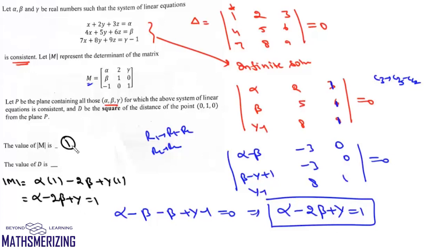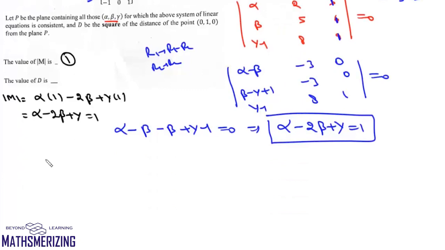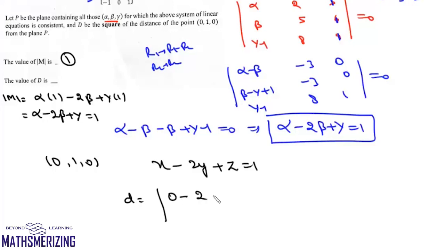Now D is distance of this point 0, 1, 0 from the plane containing alpha, beta and gamma. So one of the planes which contains this point is x minus 2y plus z equals 1. So this distance will be given by 0 minus 2 plus 0 minus 1 upon under root of 1 plus 4 plus 1.